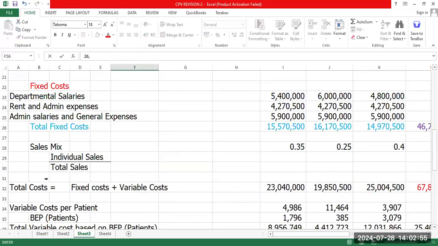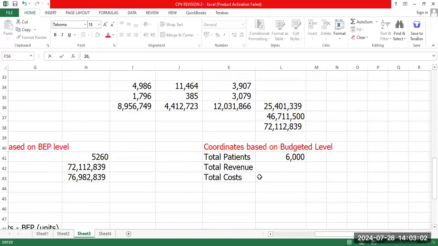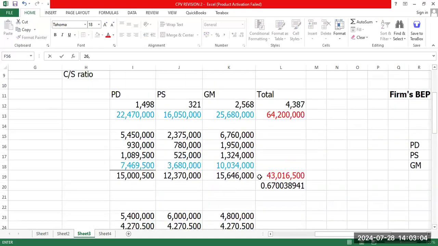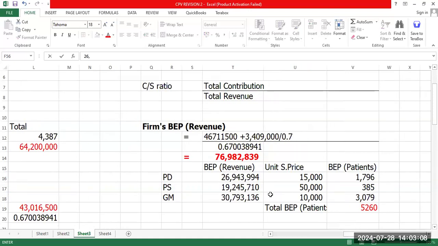We had those figures. There was a working for that. Are you seeing that break-even point in revenue? This is the information we need.